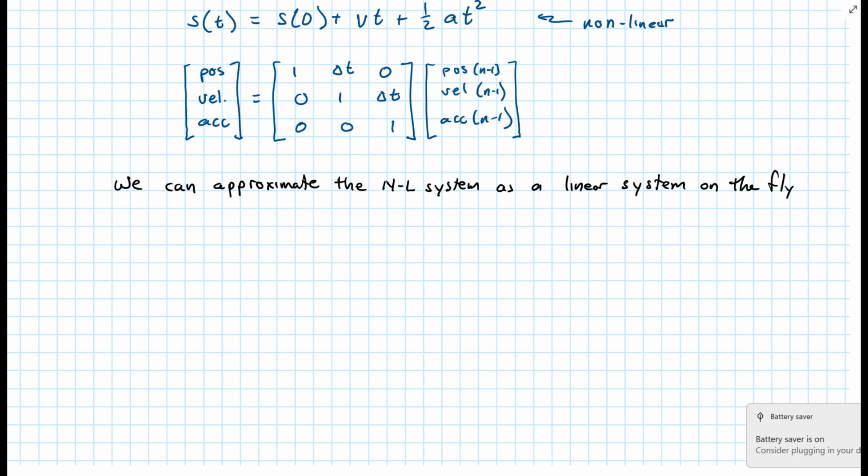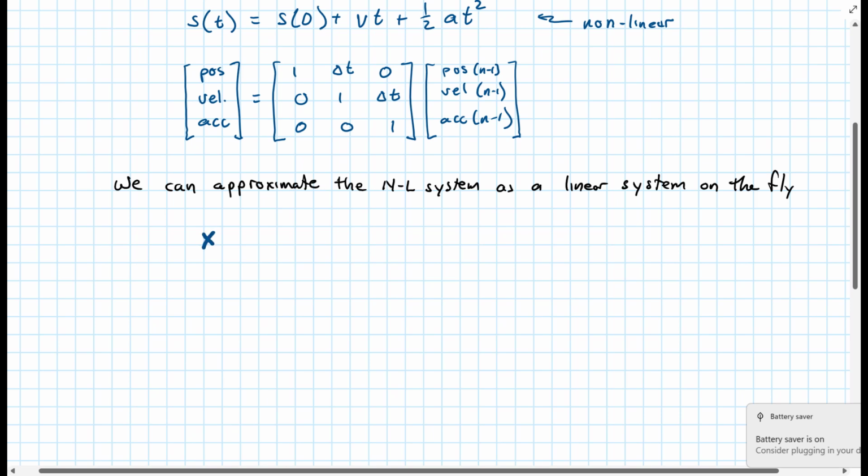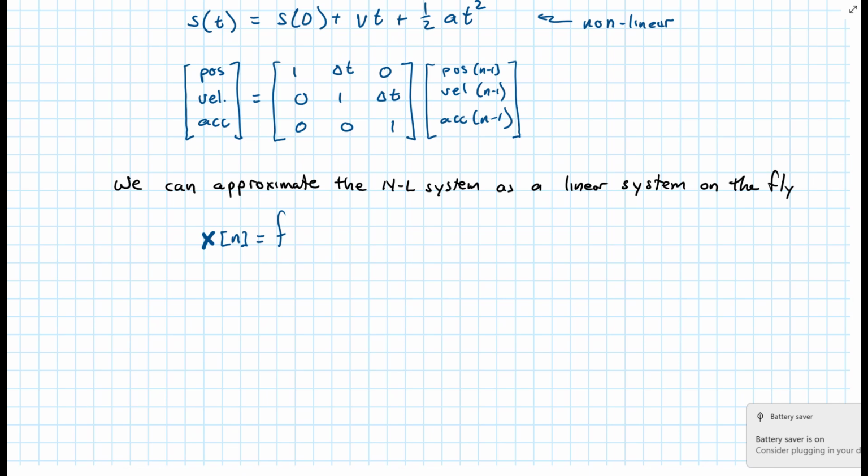To do this, assume first that we have some system where we have x of n is equal to some function f of the previous state and the noise, and this function is nonlinear.